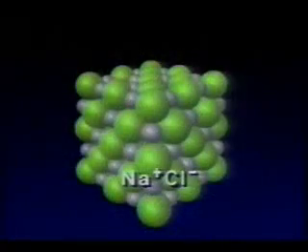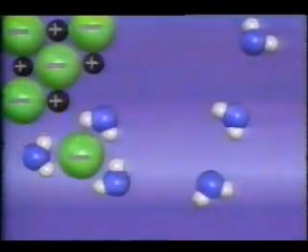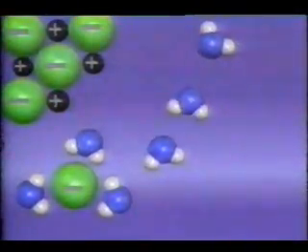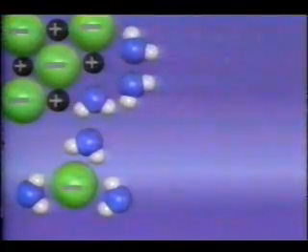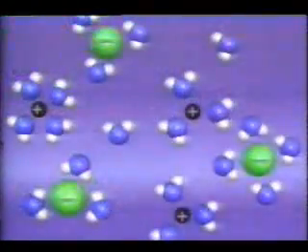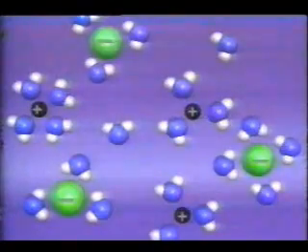In its solid phase, sodium and chloride ions exist in a crystal structure. In its liquid phase, the sodium ion is separated from the chloride ion. The pair of ions cannot be isolated as an independent unit. In its gas phase, the sodium and chloride ions are even more independent and widely separated from each other.